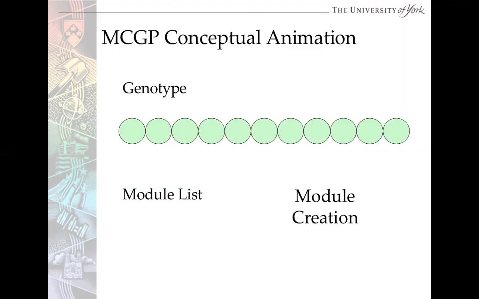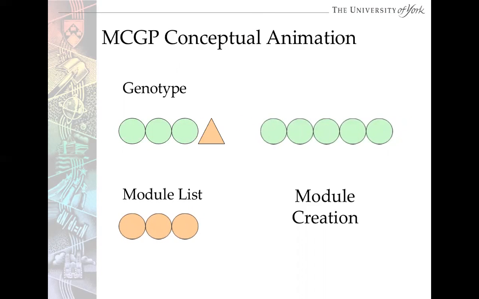Module creation generates two random points in the CGP list of nodes above and extracts all nodes between these points and uses them to define a new subfunction which we add to the list of modules. So those are the nodes being captured, and they are added to the module list, and a new node function is put in the genotype.